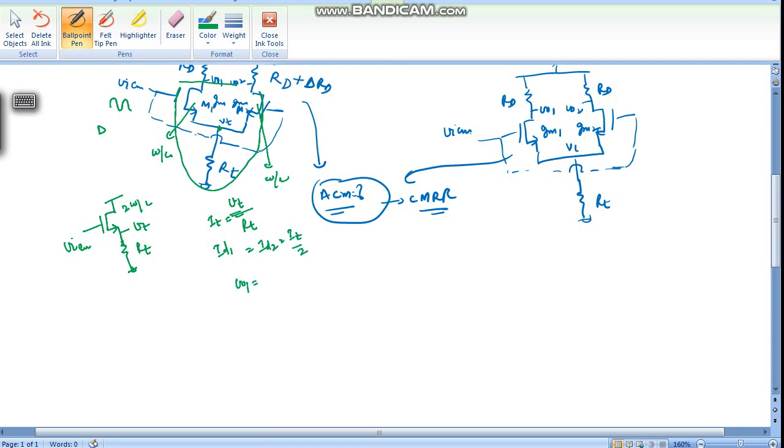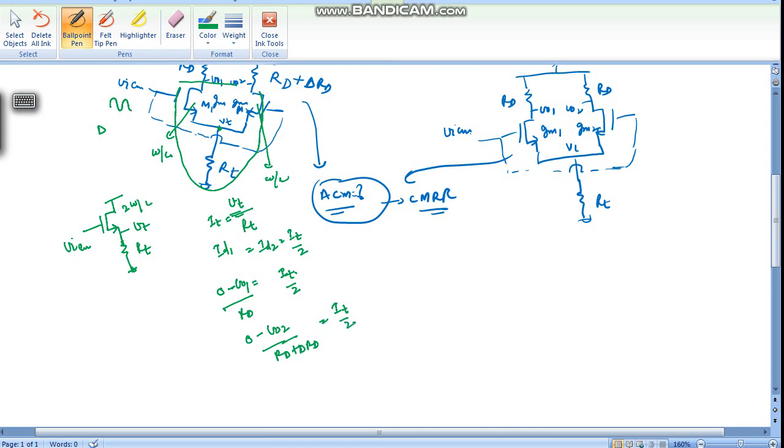And at VO1 we can write the Ohm's law equation at the output: VO1 by RD equals IT by 2, and 0 minus VO2 by RD plus delta RD equals IT by 2.